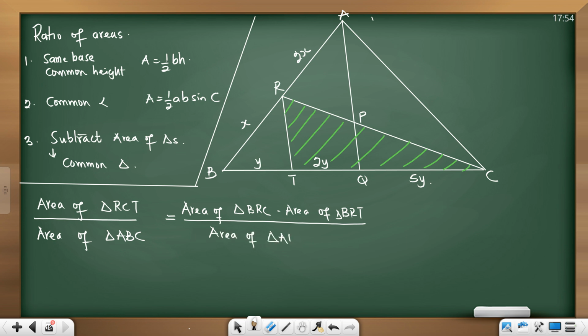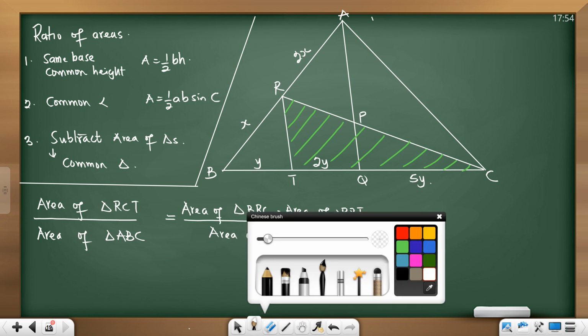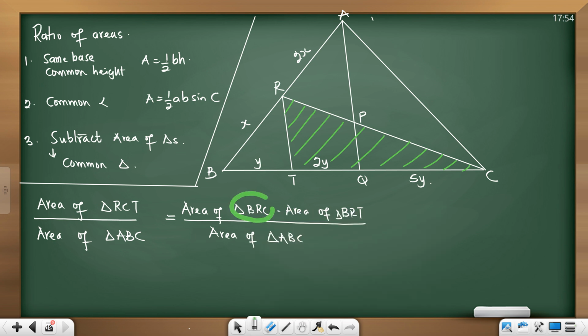If you look at all these three triangles, let me show you again. BRC, this angle is there. BRT, this angle is there. ABC.